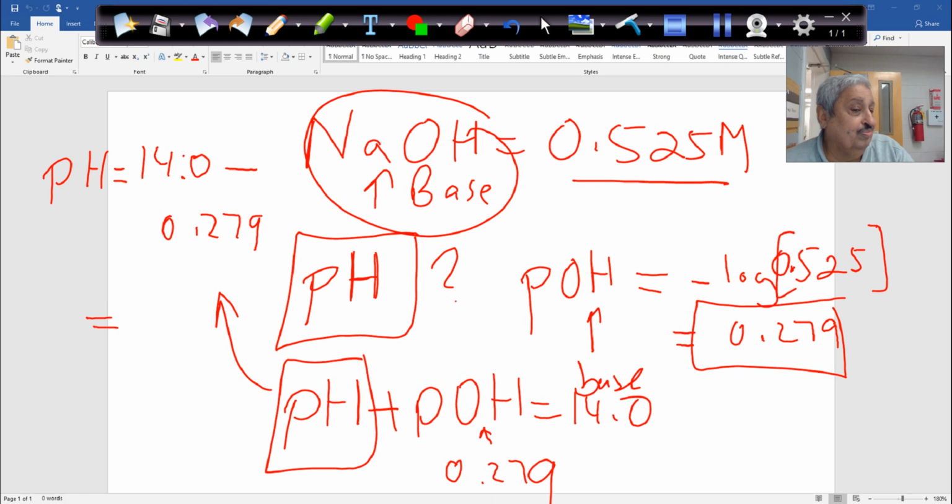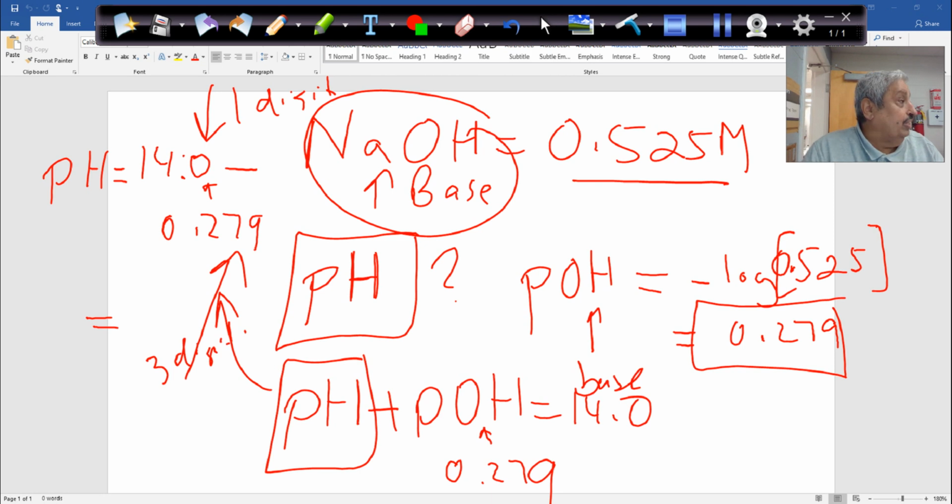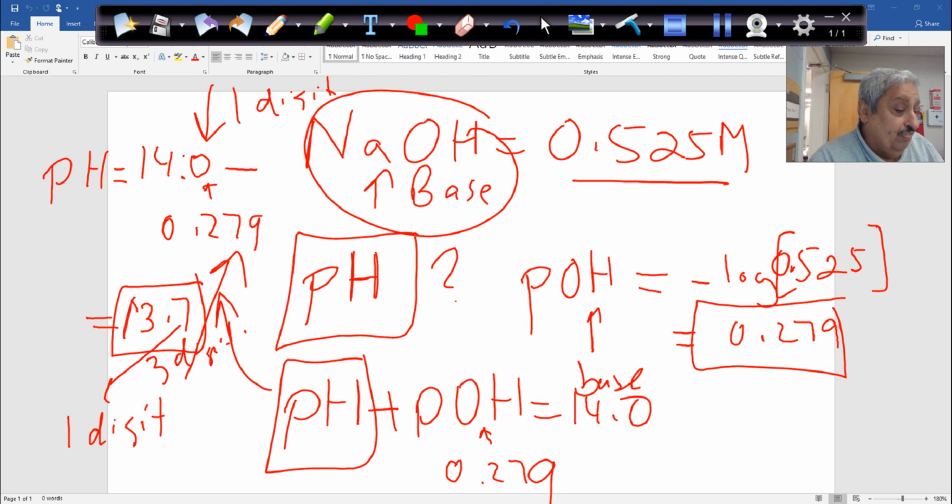Here I have 1 digit after the decimal, here I have 3 digits. The winner is 1 digit after the decimal. So 14.0 minus 0.279, how much is it? 13.7. And that 1 digit will be the winner. And this is the pH really of a base, 13.7.